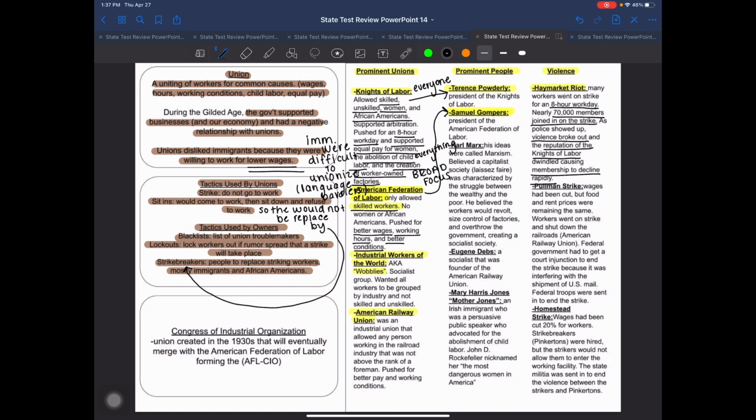And so where up here the Knights of Labor was very broad in what they focused on and all the changes that they wanted to make, down here we typically say that these issues that the American Federation of Labor focused on are what we call the bread and butter issues, the basics. Better pay, better hours, and safer working conditions.